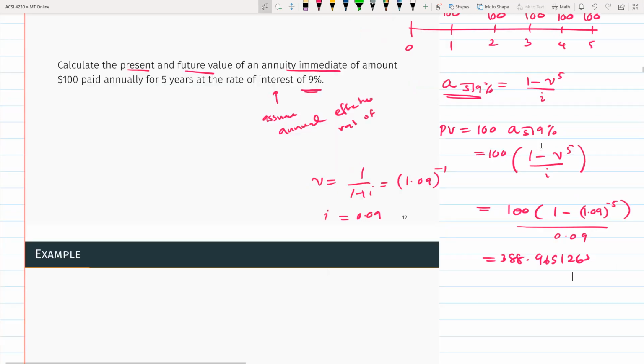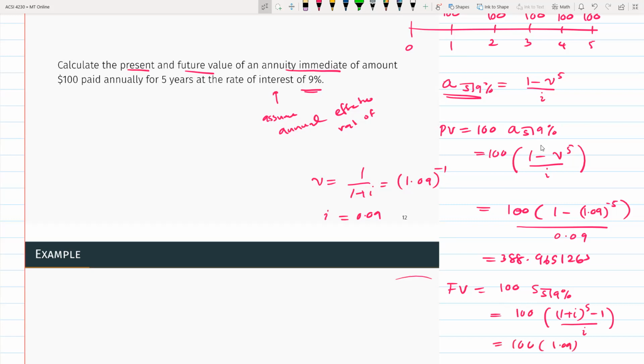So future value, again for 1 unit it is s angle 5 at 9%, but it's 100 times. So what I can do is use the formula 1 plus I to the 5 minus 1 over I, which is 1.09 to the 5 minus 1 over 0.09.